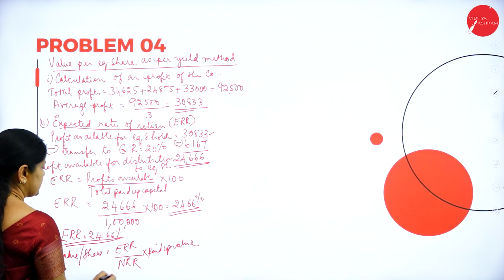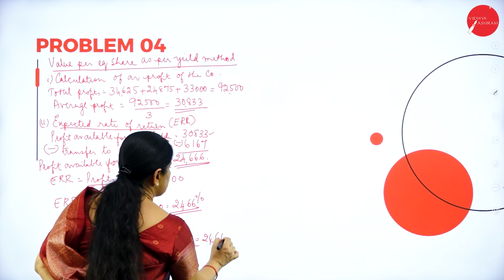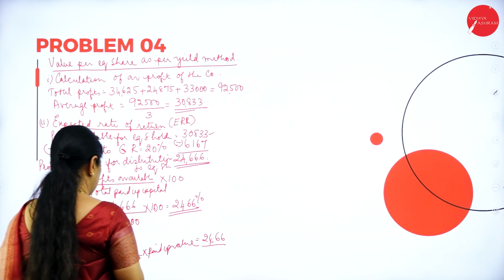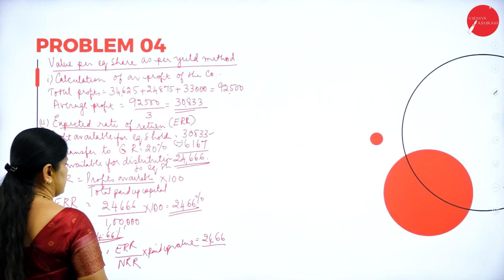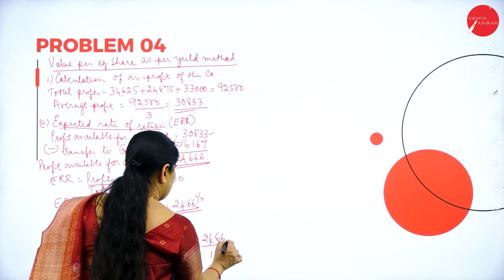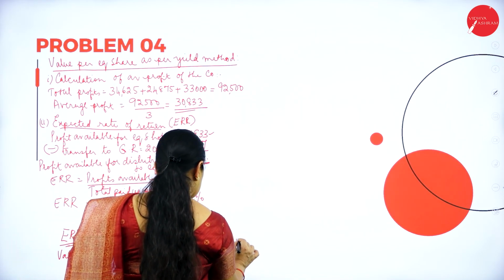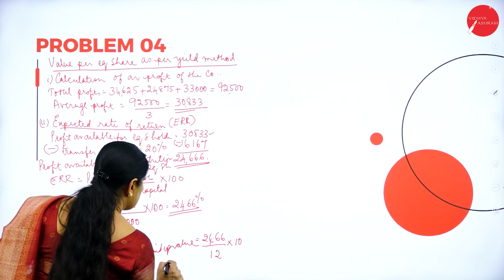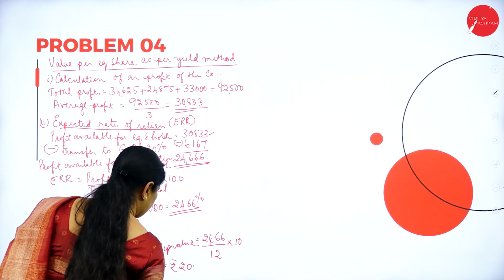So this is equal to 24.66 divided by, now what is NRR? 12%. 12 into paid up value is 10 rupees. So this is equal to 20.55.